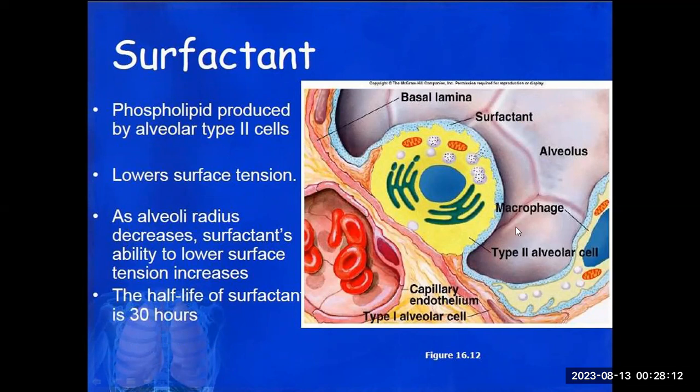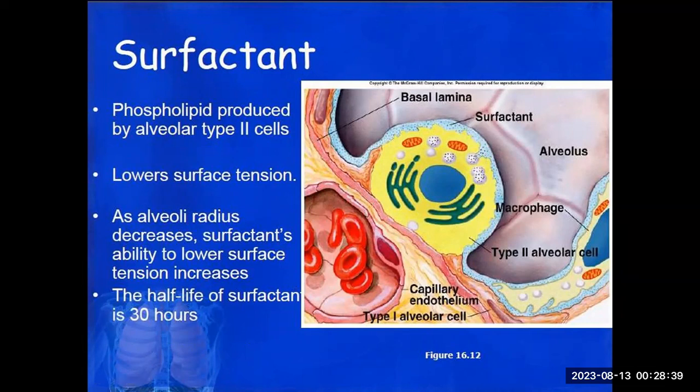Look right here, these are the alveolar type 2 cells. Lower surface tension, if we have, then as alveoli, this is the alveolar type 2, and right here is the surfactant surrounding the type 2 alveolar cells.